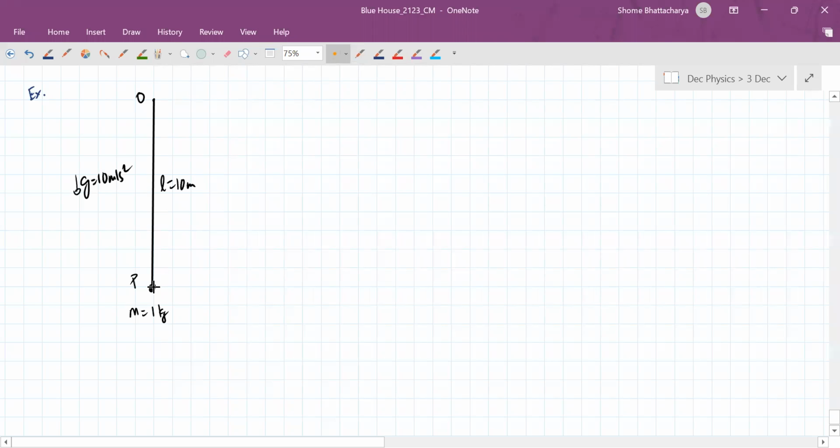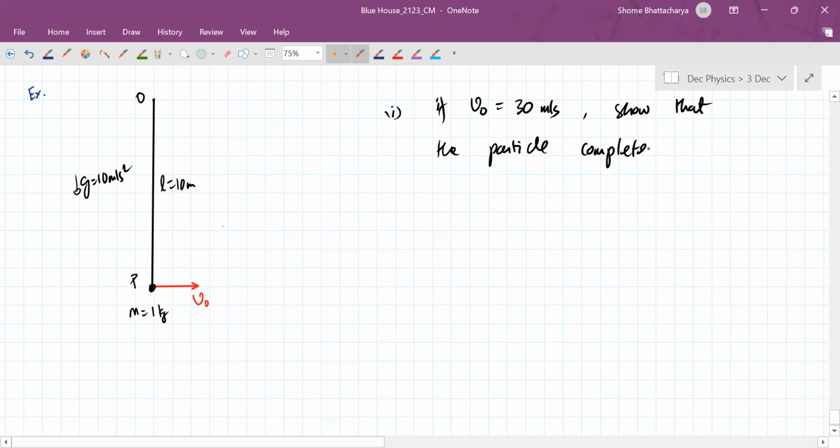Now we initiate the vertical circular motion by giving it a horizontal velocity of V0. So in the first case, if V0 is equal to 30 meters per second, show that the particle completes the vertical circular motion.